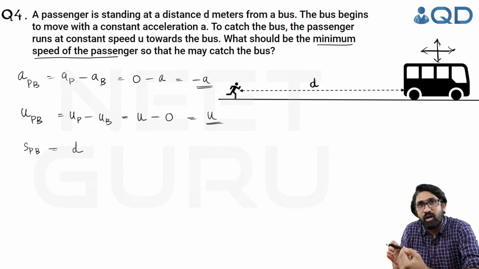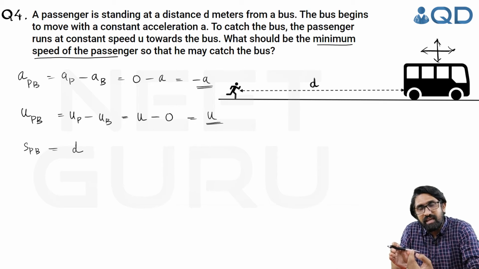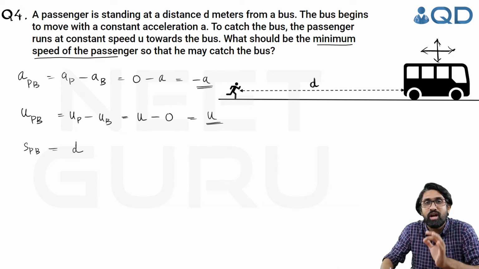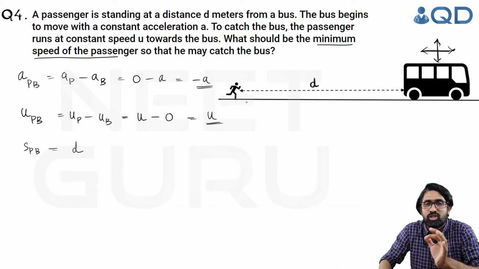That is not the minimum case. Of course, still he can catch the bus. But the exact case that we are looking for is a case where when the passenger covers the distance d, the bus and the passenger would exactly have the same velocity. So the relative velocity in that case will be 0. That is the case for minimum speed with which the passenger should travel.